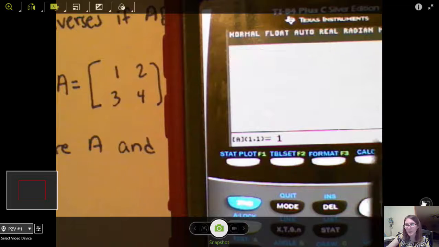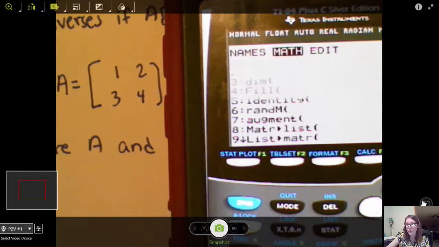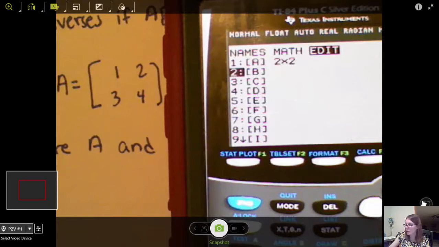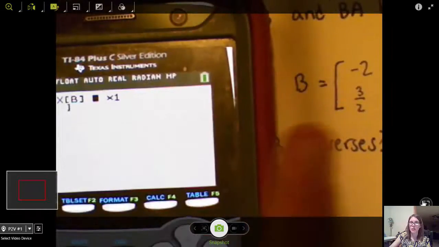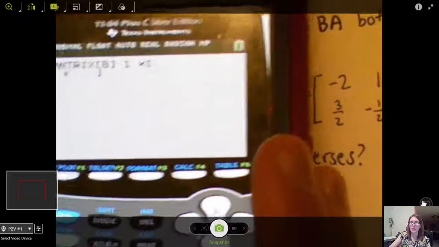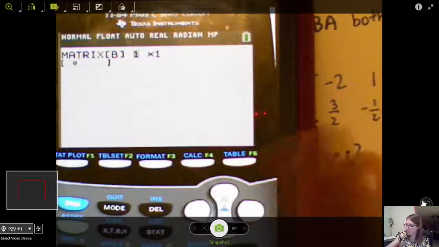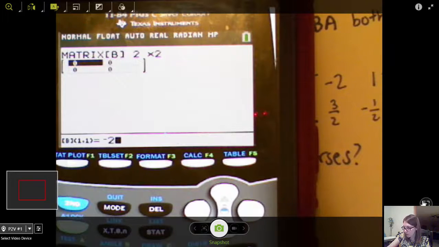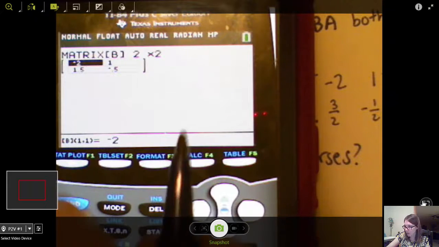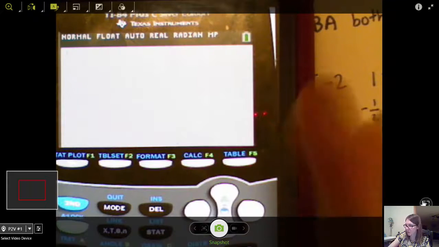I'm going to go back to my matrix menu, over to edit, and go down to matrix B so I can type matrix B in here. I also want a 2 by 2. My matrix here is -2, 1, 3 halves, and -1 half.